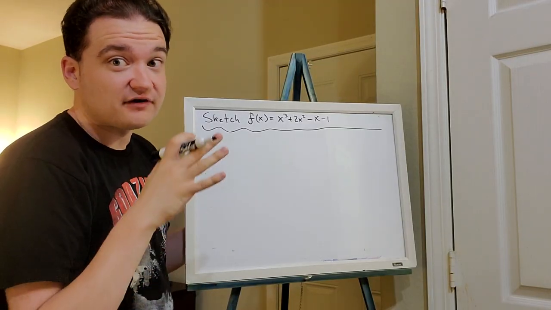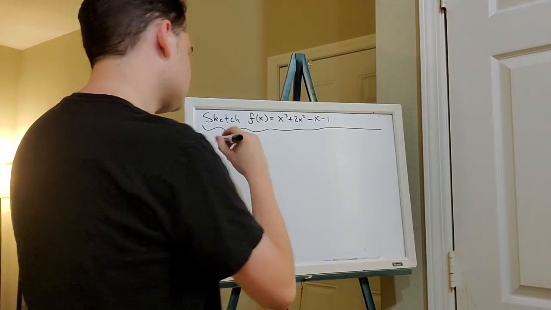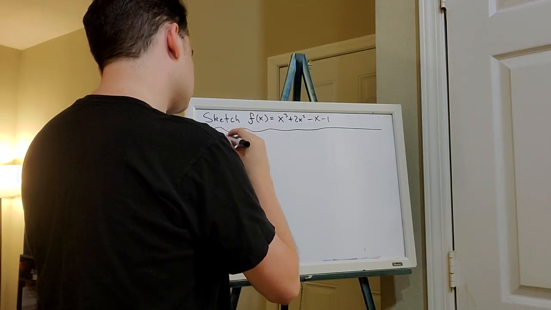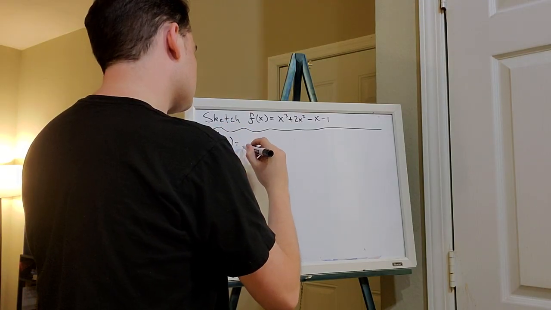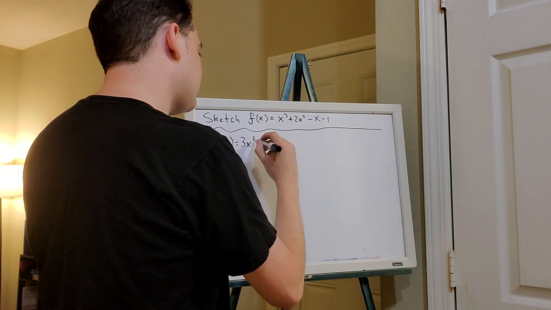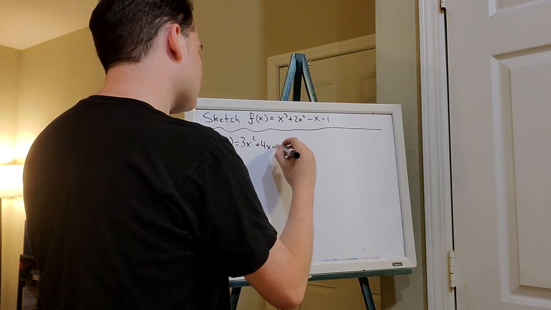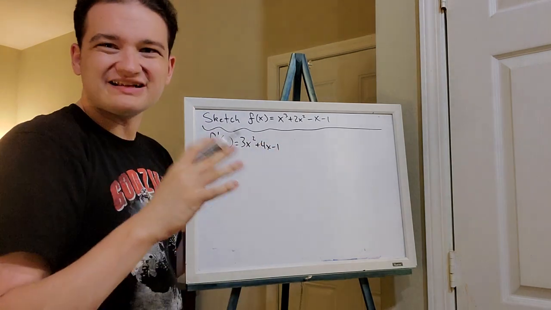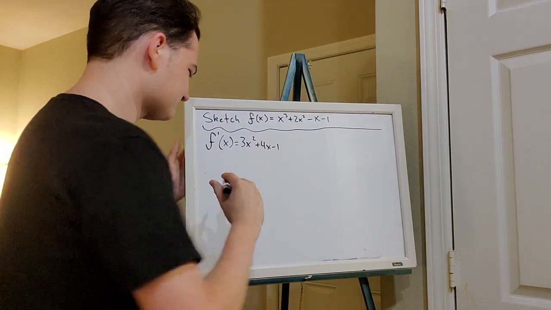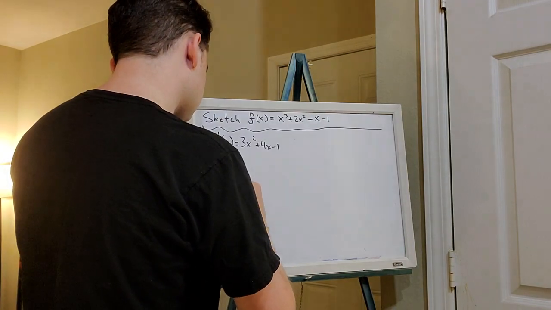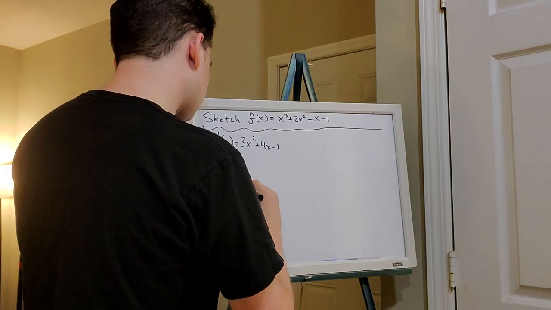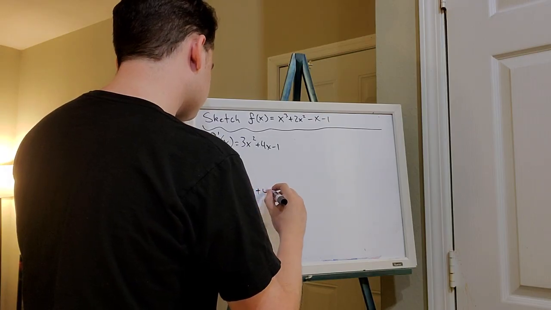That's going to tell us where our function's increasing and decreasing. It's 3x squared plus 4x minus 1. And while we're at it, we're going to take a second derivative too. That's going to be 6x plus 4.